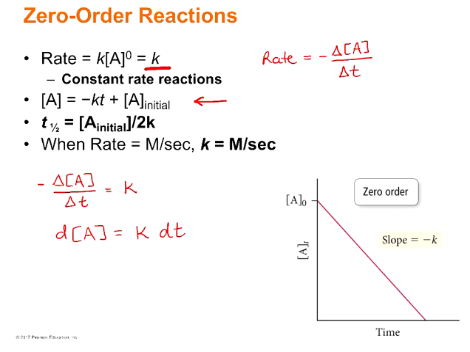And now we're going to integrate both sides. Oh, I forgot a negative sign in front of K. I moved the negative over. And this is just to make the integration easier.